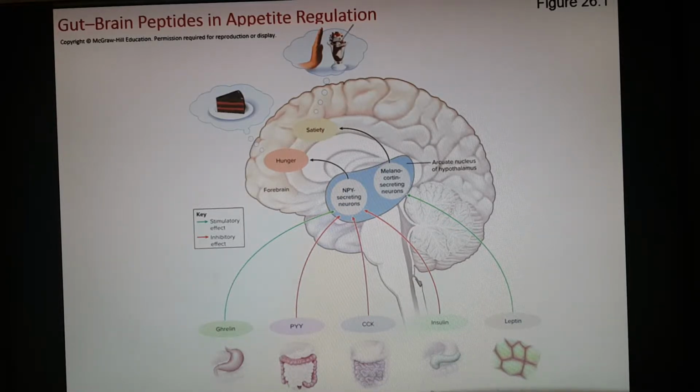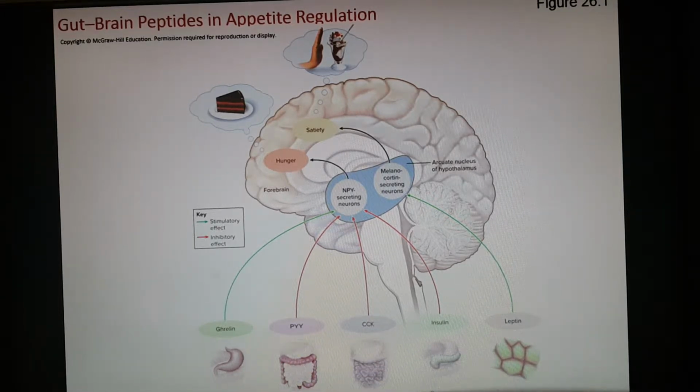So chapter 26 is all about nutrition and taking in our different nutrients coming from the foods we eat. To regulate whether or not we are signaled to eat food, that's regulated by different hormones. So here at the bottom, you have your ghrelin, your PYY, and your cholecystokinin.